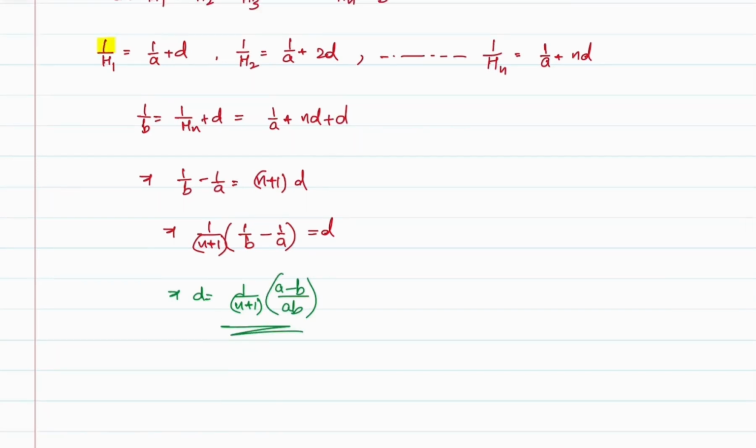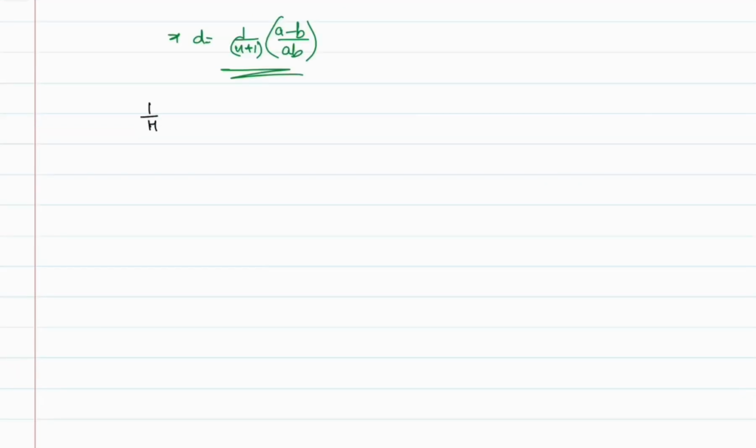Now we have 1 by h1 is equal to 1 by a plus d, and 1 by h2 is equal to 1 by a plus 2d, and so on up to 1 by hn equal to 1 by a plus n into d. So when we substitute the value of d in these equations, we get that 1 by h1 is equal to 1 by a plus d, which will be equal to 1 by a plus a minus b by n plus 1 into ab.